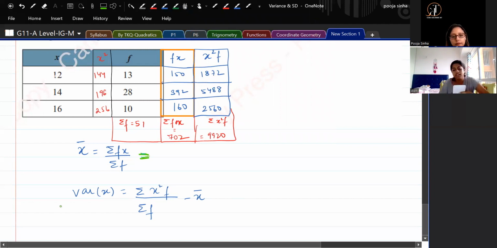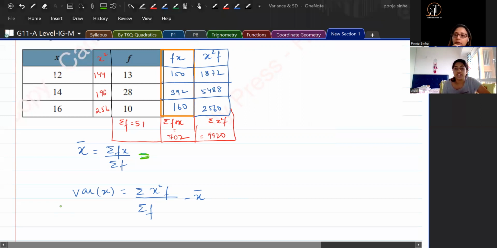You should be getting it as 10,076. Summation x square f. Sorry, I forgot I multiplied a square. 1872 plus 5488 plus 2560, I'm getting 9920.